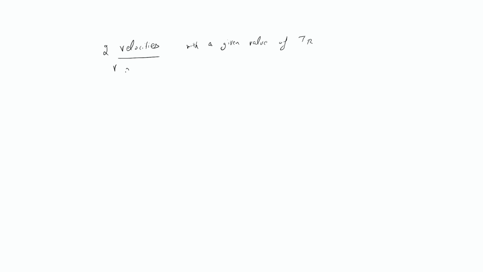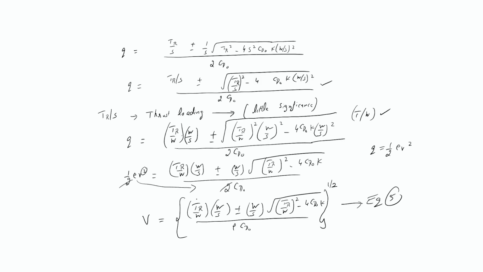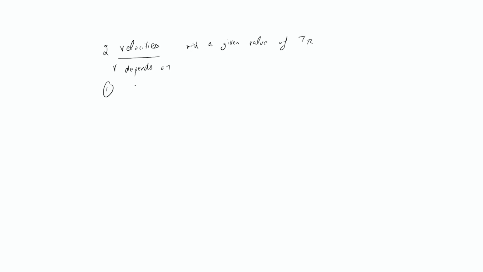Here velocity depends upon, if you see this equation carefully, TR by W, W by S, and CD naught and K. That means it depends upon TR by W, which we call the thrust to weight ratio. Second is wing loading. W by S is called wing loading. Third is of course the drag polar.